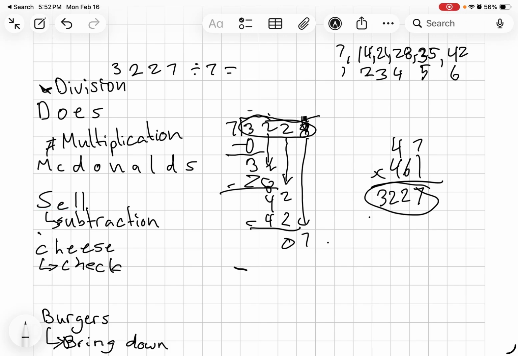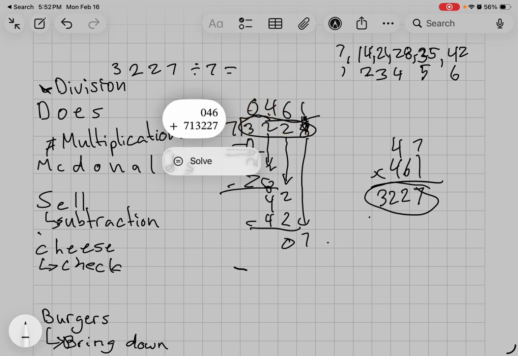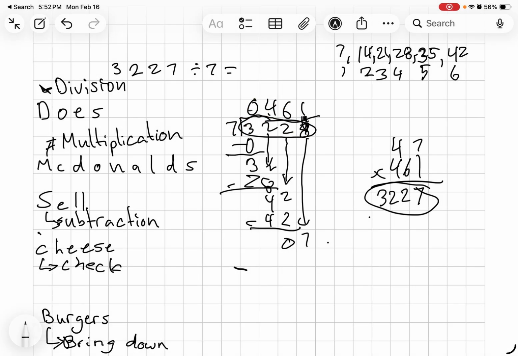So if we were doing this problem, we still have to get 1, and then 1 times 7 is 7. We subtract, we get 1, but there's nothing to bring down.